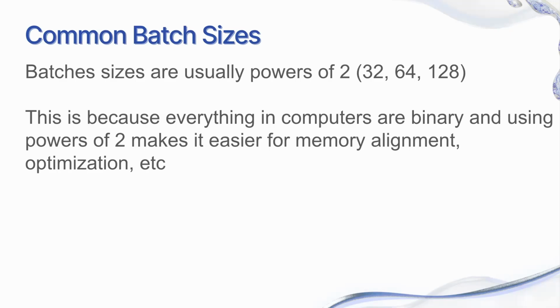The powers of 2 are easy for memory alignment and underlying computations, but there are no strict rules for how you choose your batch sizes. You can use 10, 5, 100, whatever you want. But in general, powers of 2 became a convention, so that's what everyone started using.